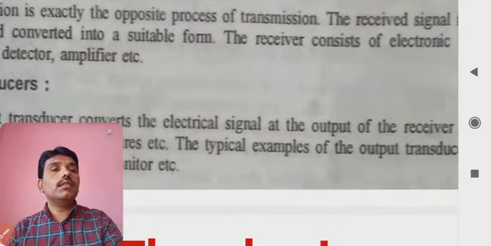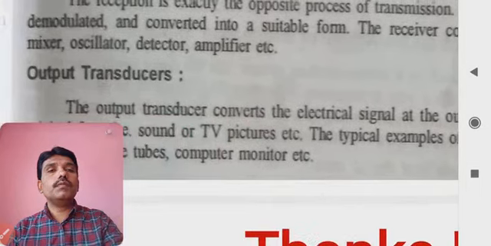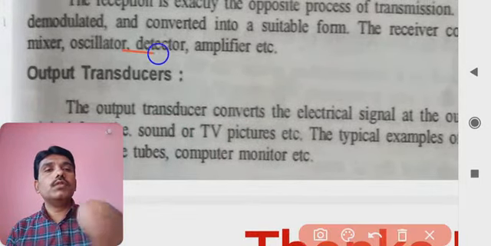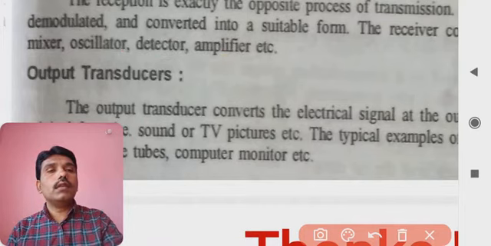The receiver consists of an electronic mixer, oscillator, detector, and amplifiers.